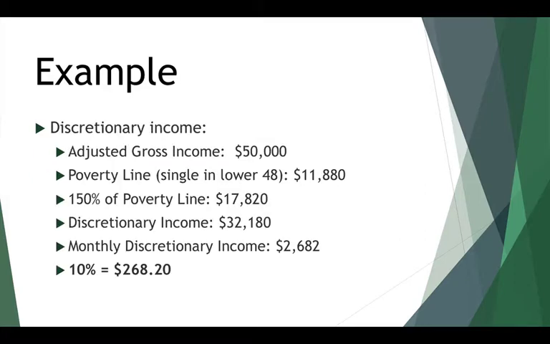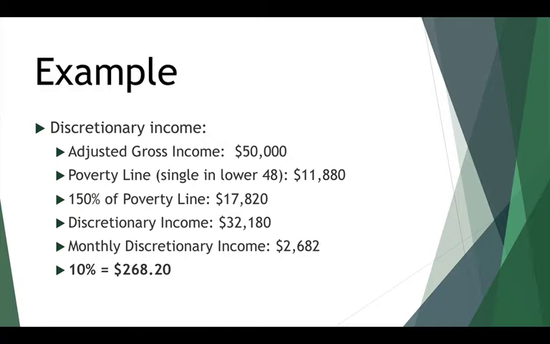Under revised pay-as-you-earn, just like pay-as-you-earn, with an adjusted gross income of $50,000, if you live in the lower 48 and are single, the poverty line is going to be $11,880. 150% of that's going to be $17,820. The difference between your adjusted gross income and 150% of the poverty line is $32,180.